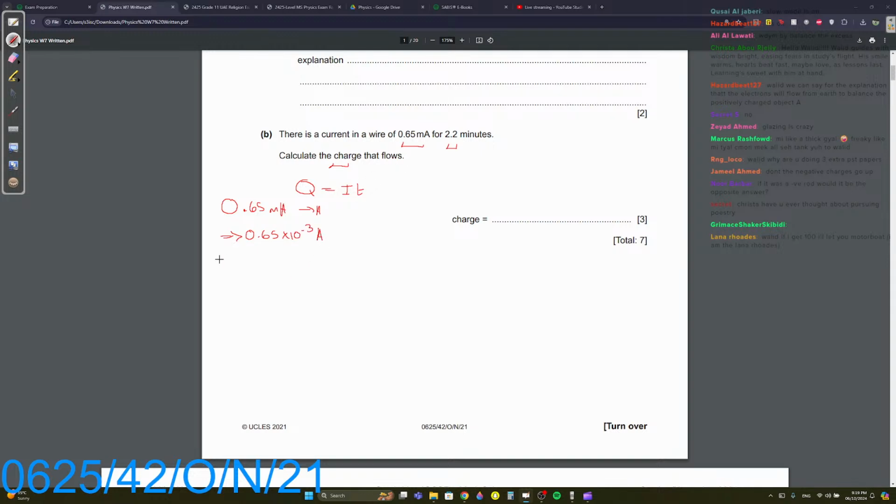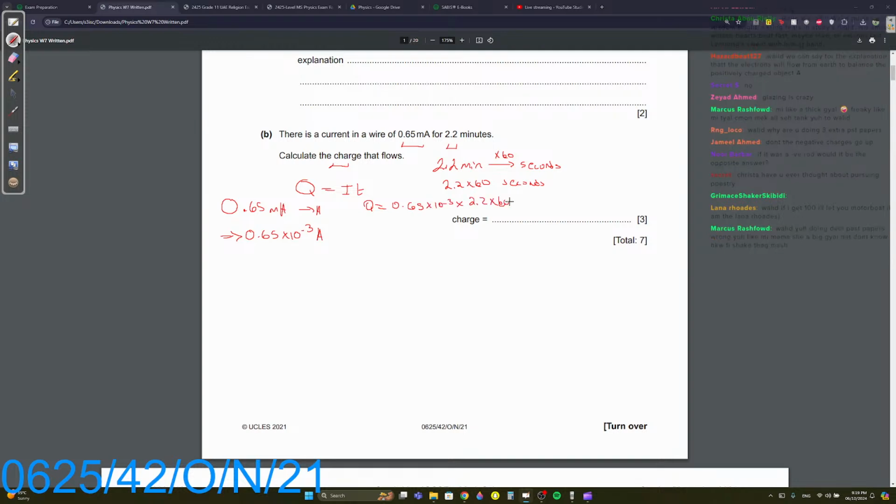And the time has to be 2.2 minutes. It has to be in seconds, right? So we have to do times 60. So 2.2 times 60 seconds, right? So Q is equal to the charge: 0.65 times 10 to the minus 3 times 2.2 times 60. And what do we get?